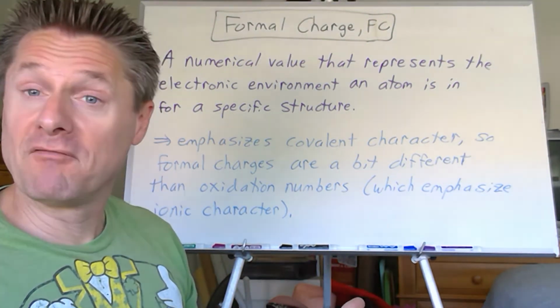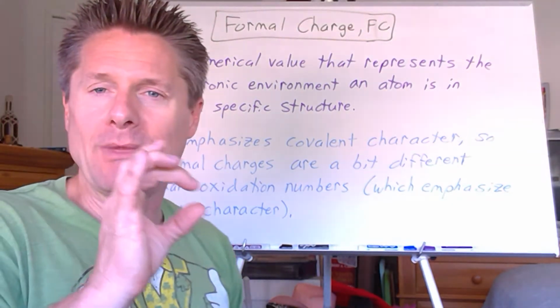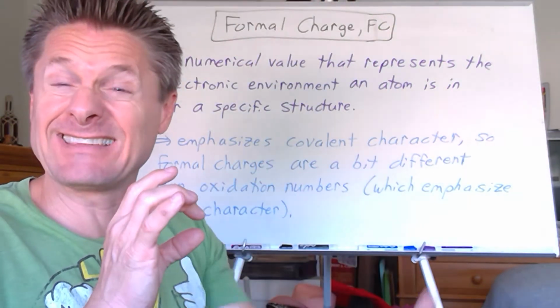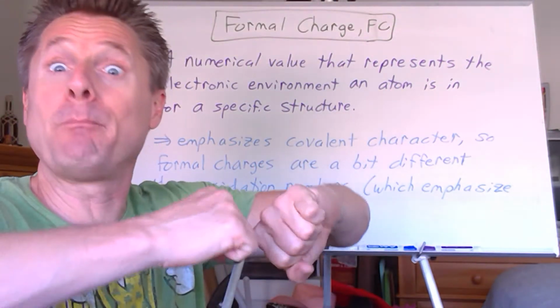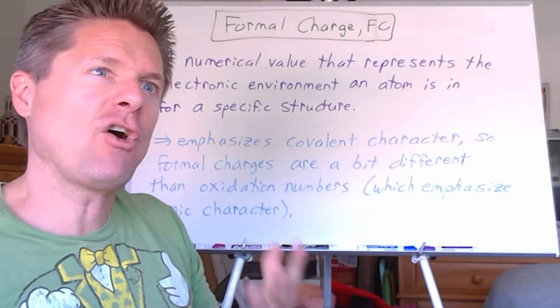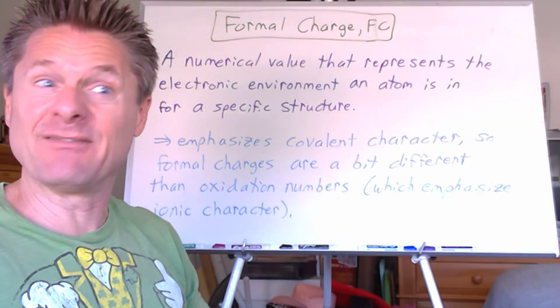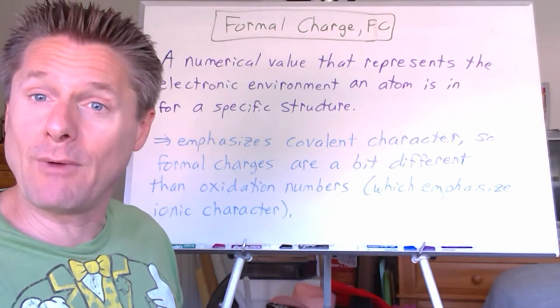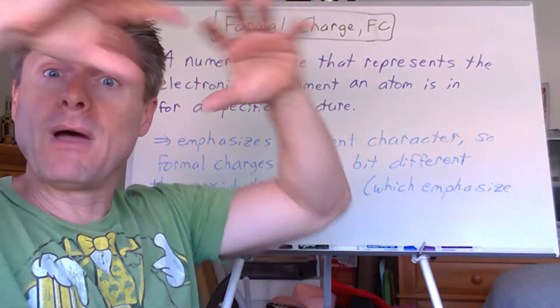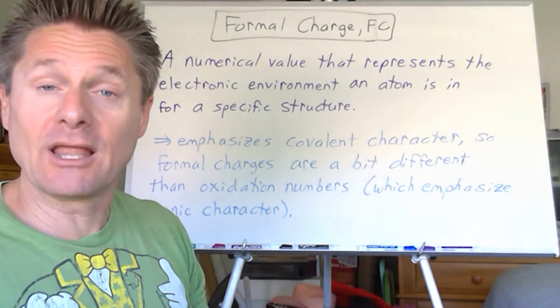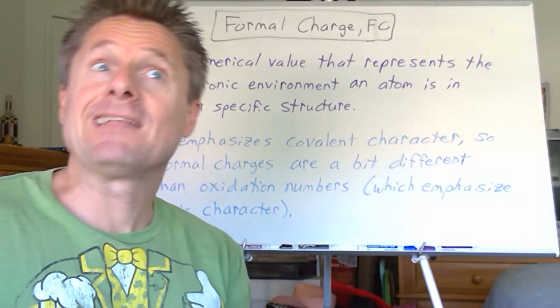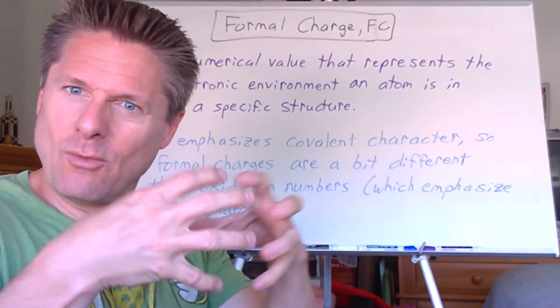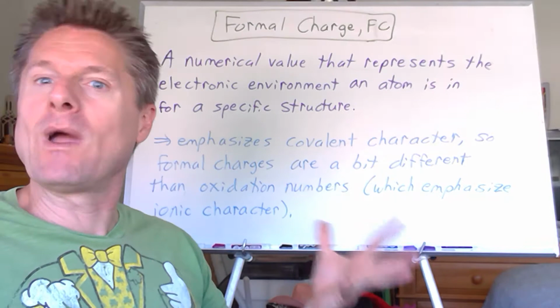Different environments. If that carbon in the center is surrounded by lots and lots of highly electronegative atoms that are pulling electrons away from it, that carbon is feeling kind of positive because all of its electrons are being pulled away. But if carbon's surrounded by more non-electronegative elements like hydrogen, it's retaining more of its bonding electrons, so it's not going to be quite so positive.